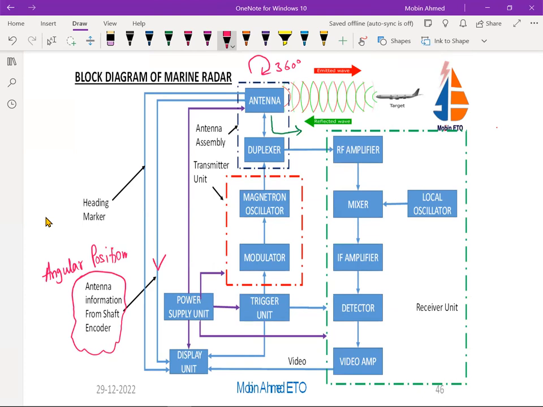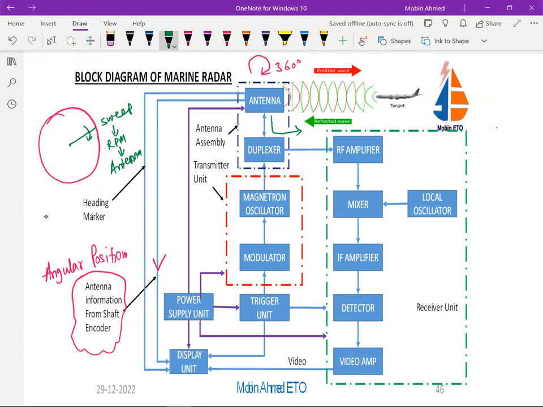Now the video which is coming is supposed to appear as per the antenna. So what we are going to do, we are going to generate the sweep. This sweep is rotated at the same RPM as the antenna, because the sweep generation is itself from the antenna information.